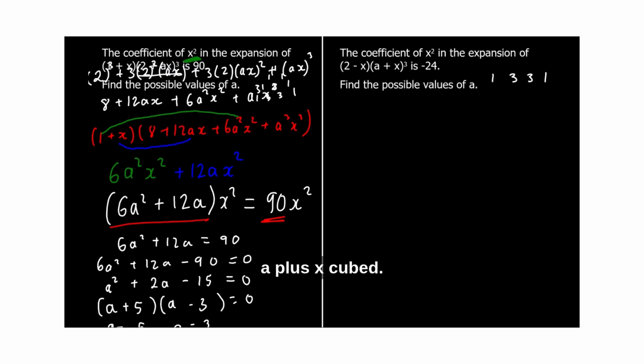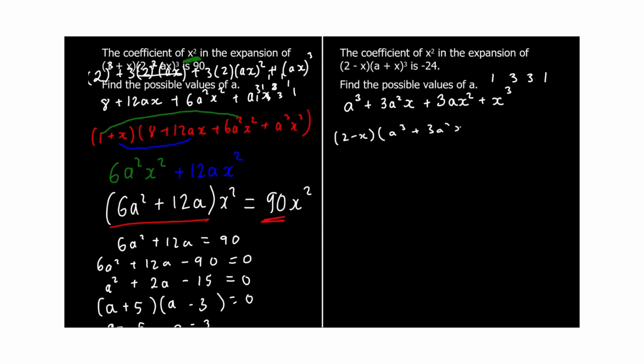(a plus x) cubed. So 1 times a cubed plus 3 times a squared times x to the power of 1 plus 3a to the power of 1 x squared plus x cubed. And it's (2 minus x) times this. And we're only interested in the x squared terms.